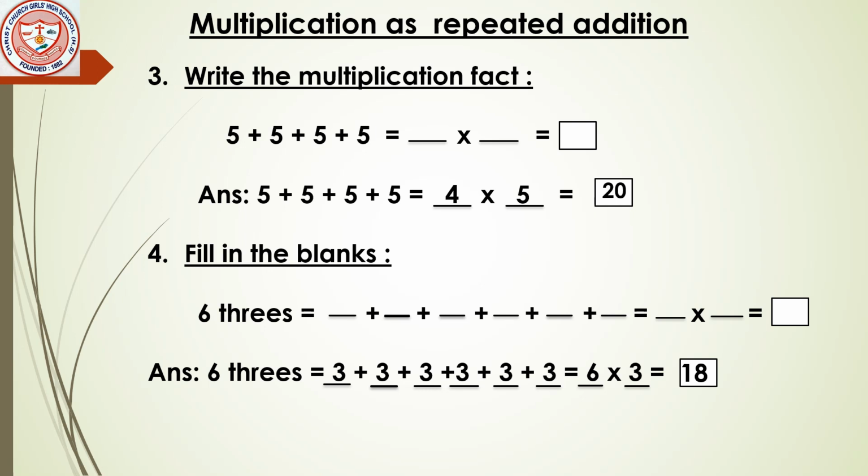6 threes. 6 threes is equal to dash plus dash plus dash plus dash plus dash is equal to dash.